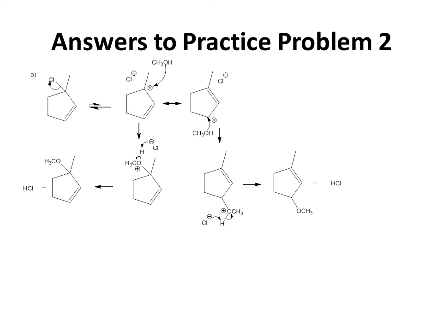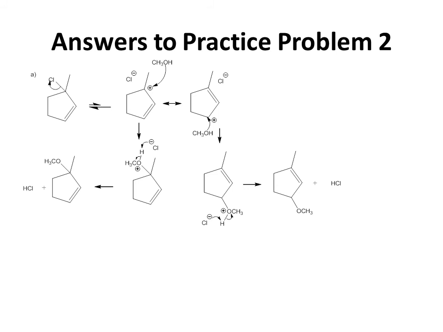Methanol can react with that carbocation at the tertiary position to form an intermediate that's positively charged, and then chloride can deprotonate that intermediate to form the final product, plus HCl.